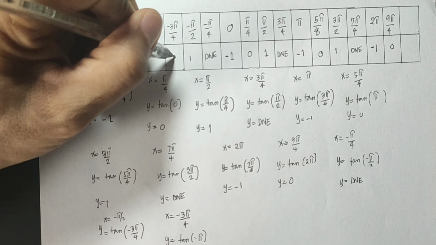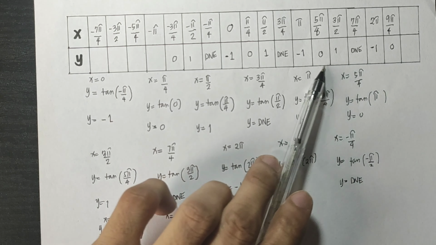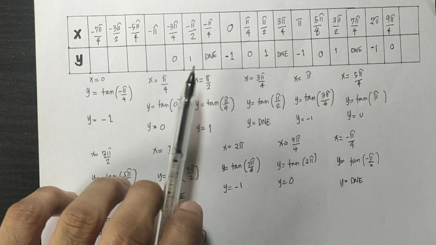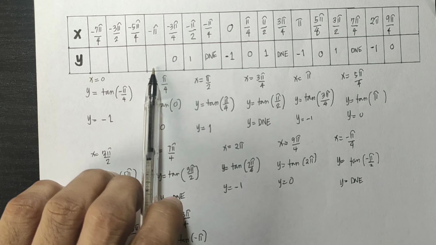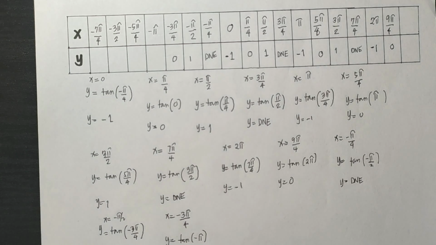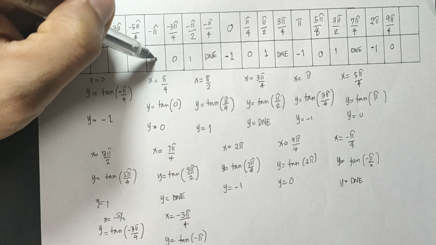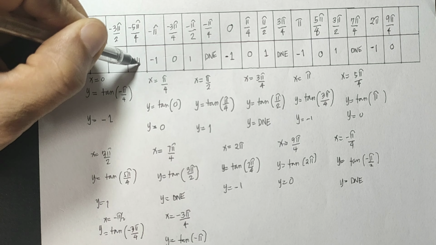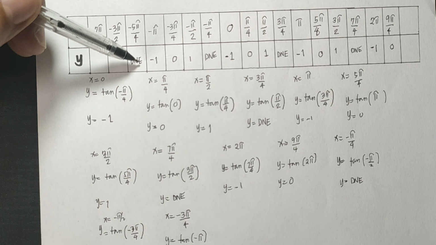Okay. If you look at the behavior of the values of the function, you can find that the next value for y will be negative 1. After negative 1, you will find that this does not exist.